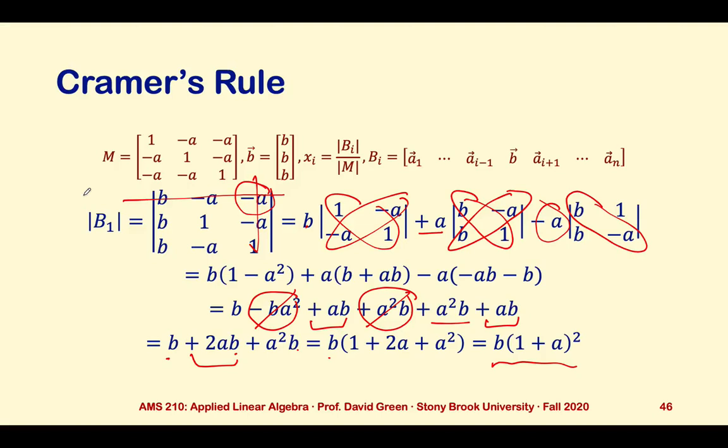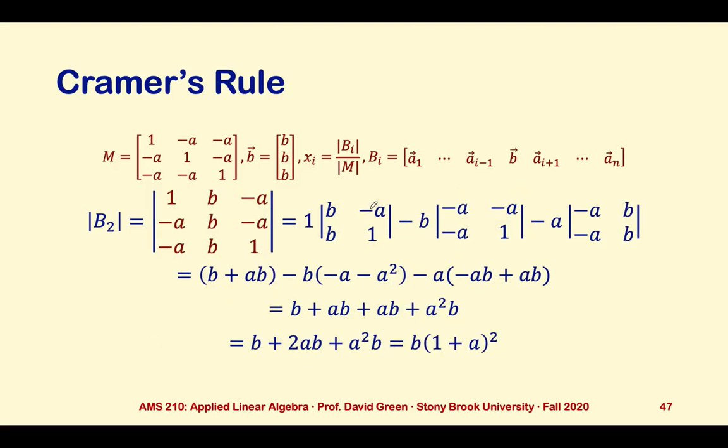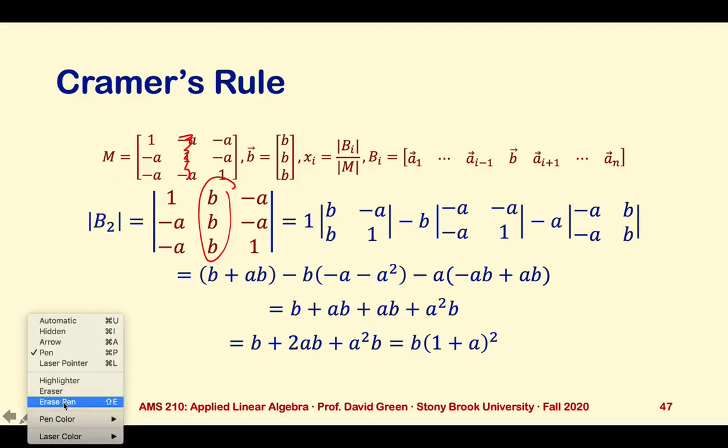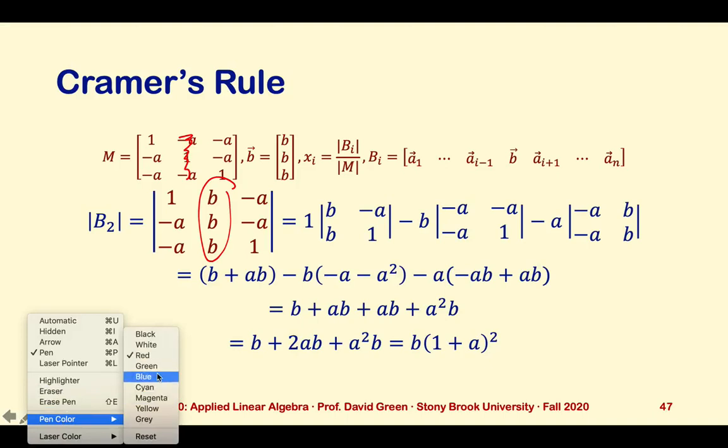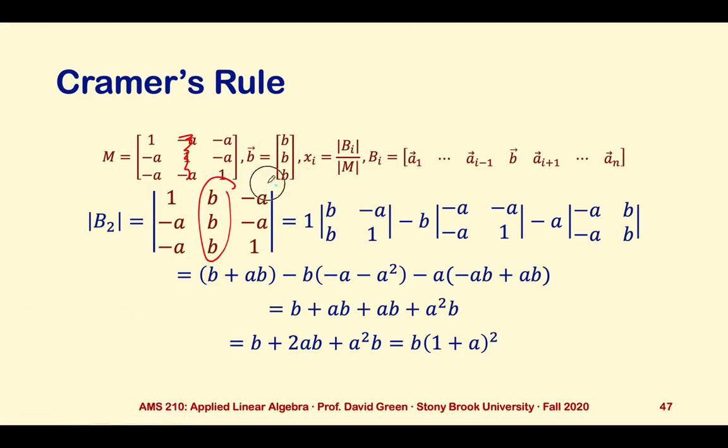For our B2, we do exactly the same thing, except that it's the second column that we replace with b's. Calculate the determinant in exactly the same way. Begin with an expansion.